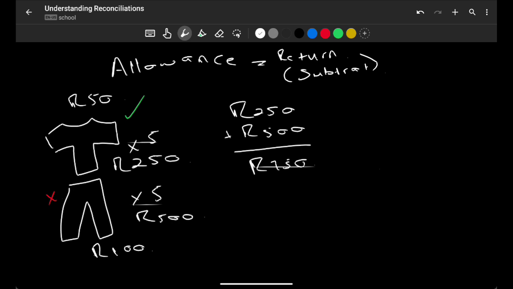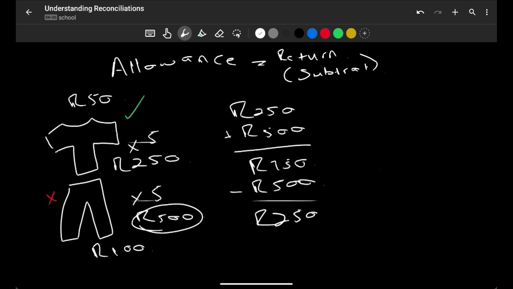You wouldn't pay the 750 rand. You would subtract from that amount. You would return the pants worth 500 rand, and therefore we subtract the 500 rand. Then your balance would only be 250 rand. This subtraction of the 500 rand, we call that allowance, right? You returned the clothing, and it only makes sense for you to subtract on the balance.